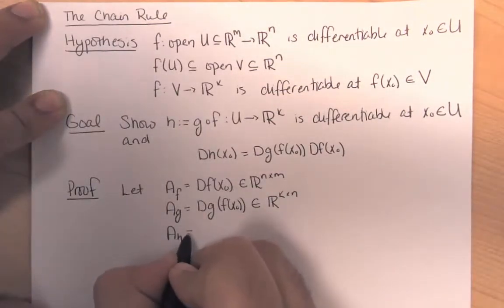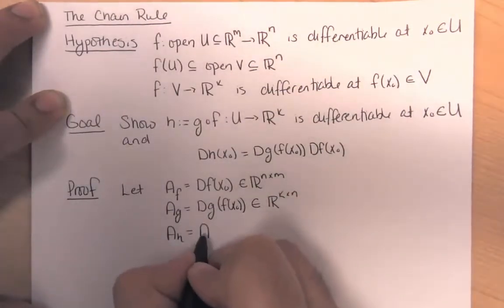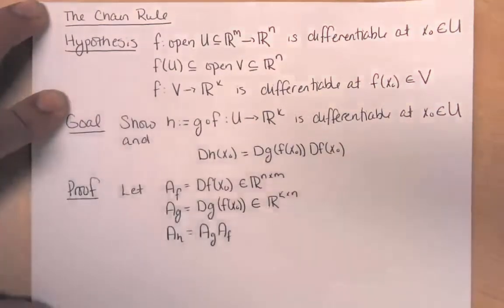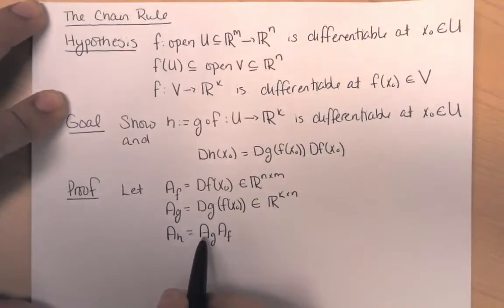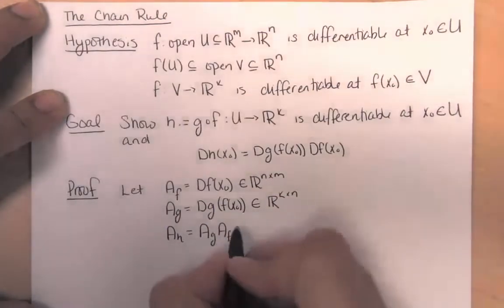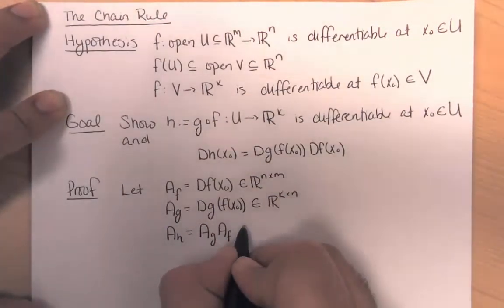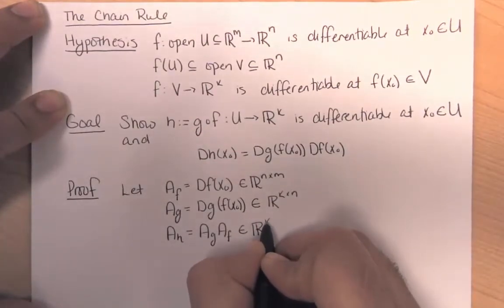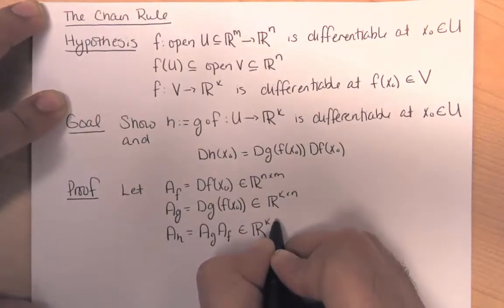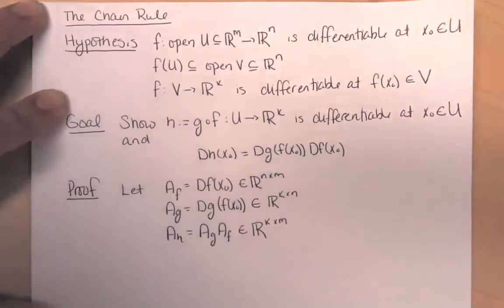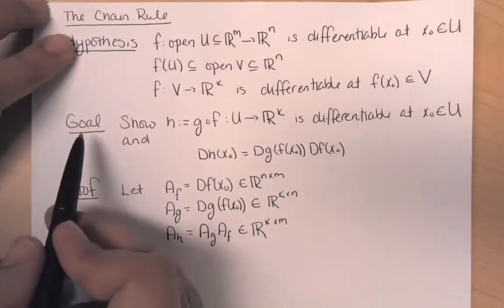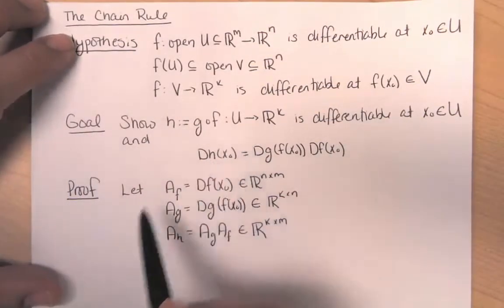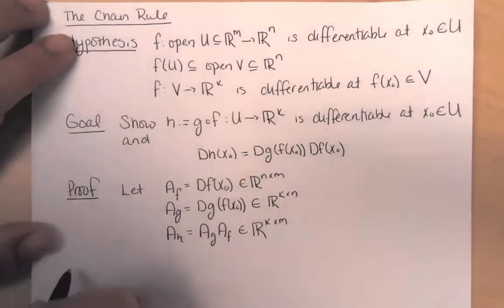And we'll let AH be the product of AG times AF. Of course, this is k by n, n by m. My inner dimensions match, and my outcome is a k by m matrix. So then this goal, to show that this is differentiable, means I need to show it satisfies the definition of the derivative.